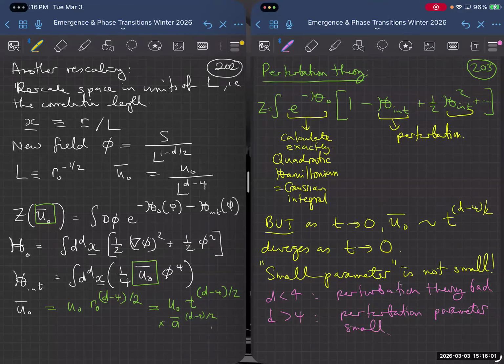That doesn't actually necessarily mean that perturbation theory converges, okay? Because I can have a series of terms where the terms are all getting smaller and smaller, but the series actually diverges. So that can happen too. So the fact that the parameter is small is not a necessary and sufficient condition for the theory to be convergent. But certainly if the perturbation parameter is large, then it's not at all obvious that it converges, at least in finite order of perturbation theory.